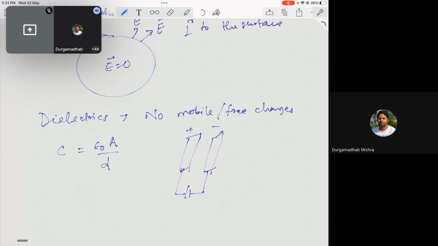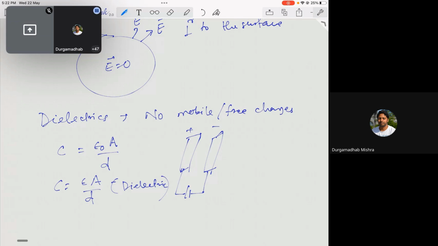Now, if I introduce a dielectric within these two parallel plates, I know that the capacitance will increase immediately.